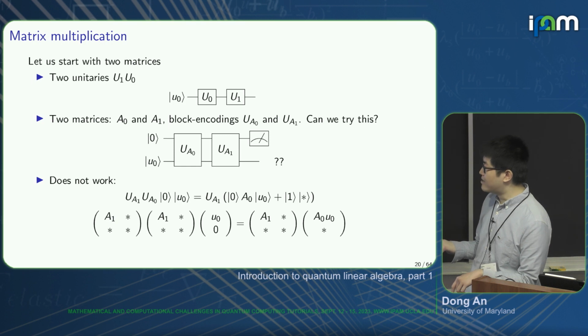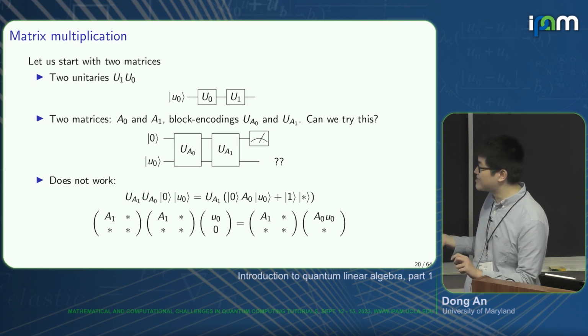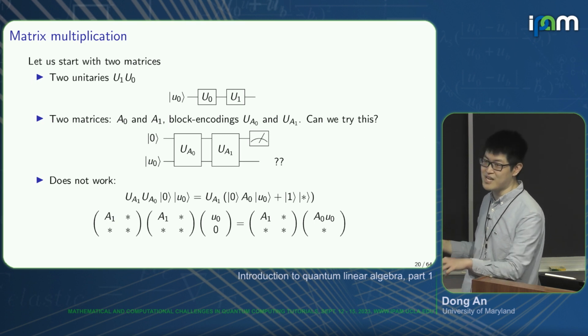What we will get is A0 U0 corresponding to this 0 ancilla part, but we will have some junk state corresponding to this 1 part. And then the issue is that if we apply this U1, applying it to the first half will give me the correct state, but we still need to apply U1 to the second half, and this second half will give me something that I don't want, some junk state back in the 0 part.